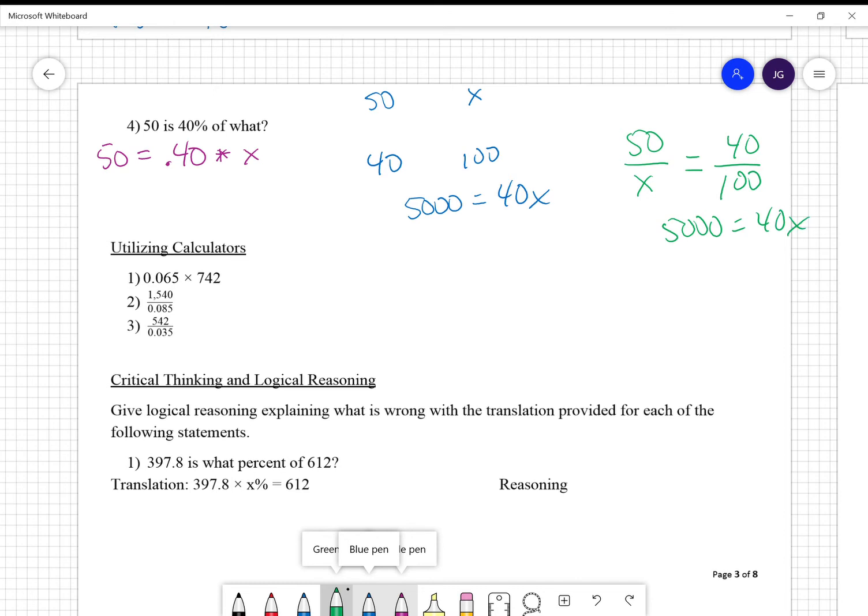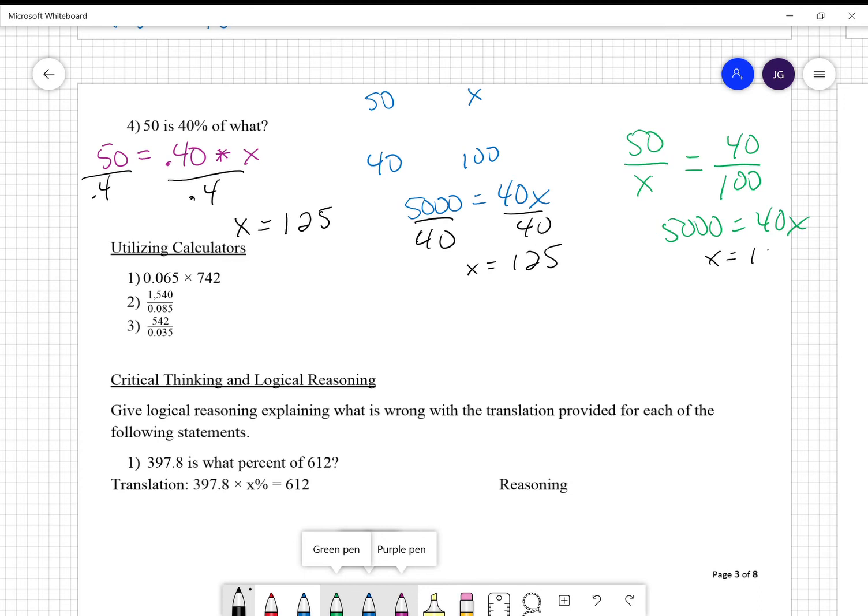No matter which way you do it, I believe the answer is 125. Okay, so you get to choose which method you want to use.